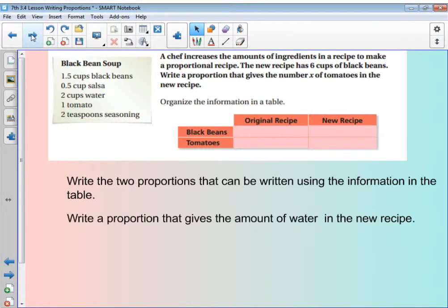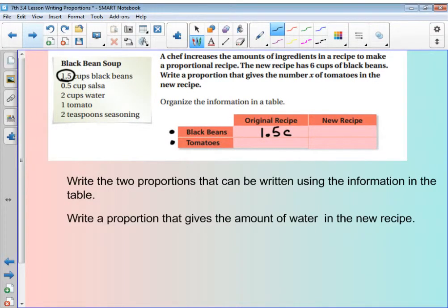So we're going to set this up as our original recipe, and we're working with black beans and tomatoes in this scenario. So our black beans, in the original recipe, was 1.5 cups. And our tomatoes, we needed 1 tomato. Okay, so our new recipe, he wants to make a recipe that requires 6 cups of black beans.